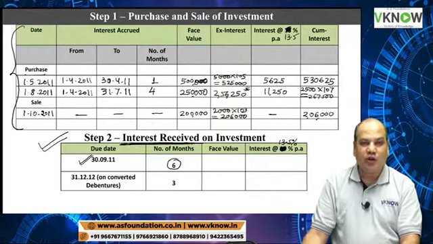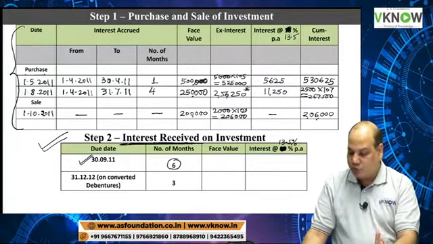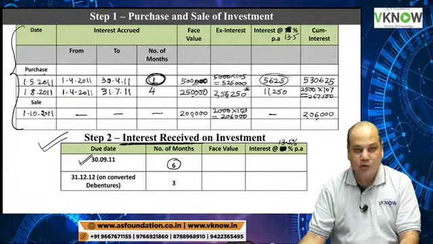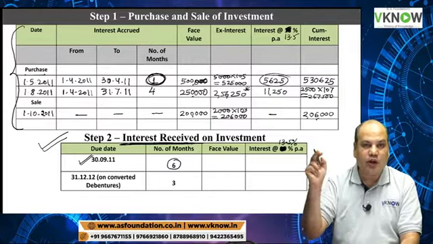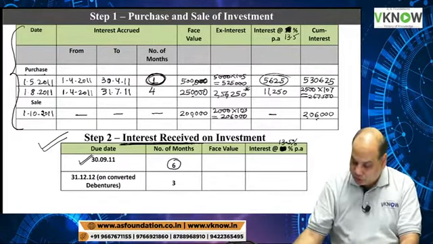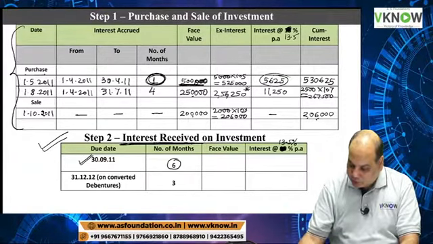So here you can make a mistake. Some of you will count from 1st May. The answer is no. You have already paid interest for 1 month to the seller. From the company you will get interest for 6 months. So face value on 30th September we have this 5 lakh, and we have also bought this 2,50,000.